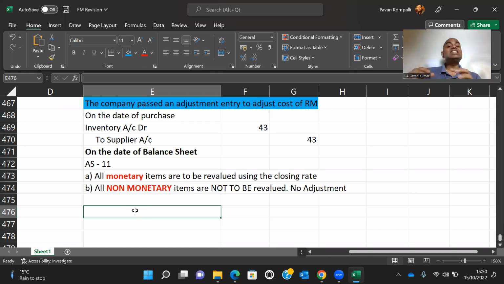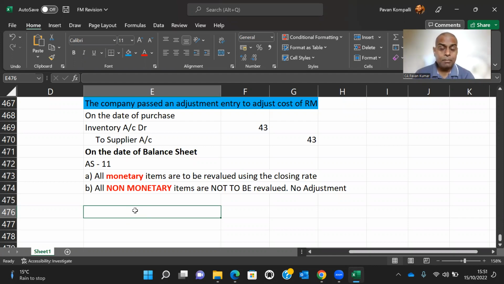So it is not an uncertain amount, it is a certain amount. Pavan sir, I have an asset. When I sell the asset, exactly how much I get, I know. What is this? Monetary item. Pavan sir, I have one asset, but if I sell it, exactly how much I will realize, I don't know. It depends on that particular day's market. That is a non-monetary item.